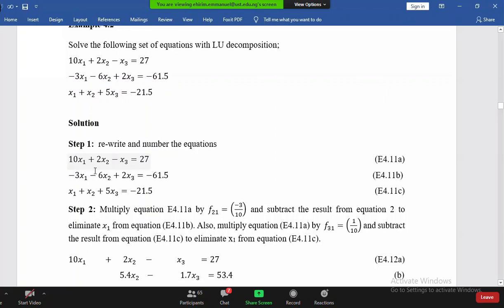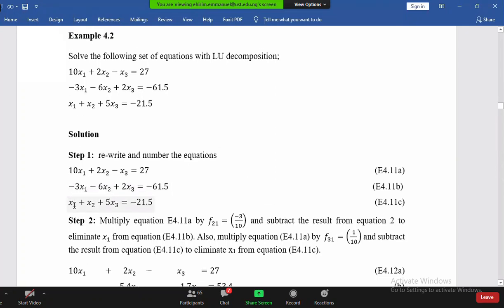You can rewrite the equation and the numbers, they are all there. So, we want to eliminate x1 from the second equation, x1 from the third equation, leaving the first equation unaltered.